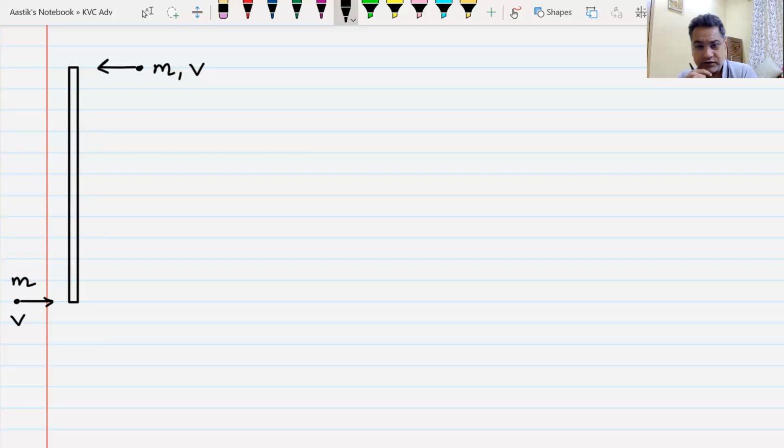Yes, what is conserved and what is not? Sir, linear momentum is conserved, but angular momentum is not conserved.